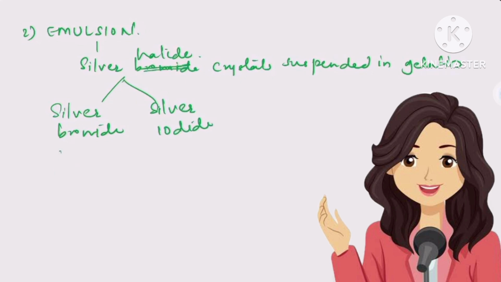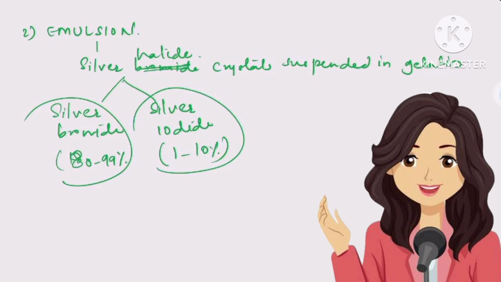Silver bromide contributes approximately 80 to 99%, whereas silver iodide is a small amount, 1 to 10%. So the emulsion is made up of silver halide crystals suspended in gelatin, and the silver halide crystals have silver bromide and silver iodide.